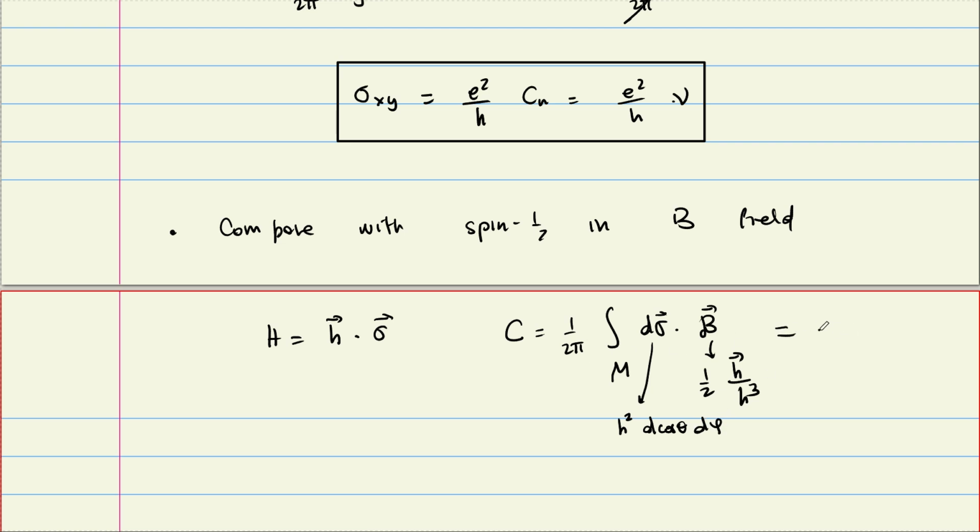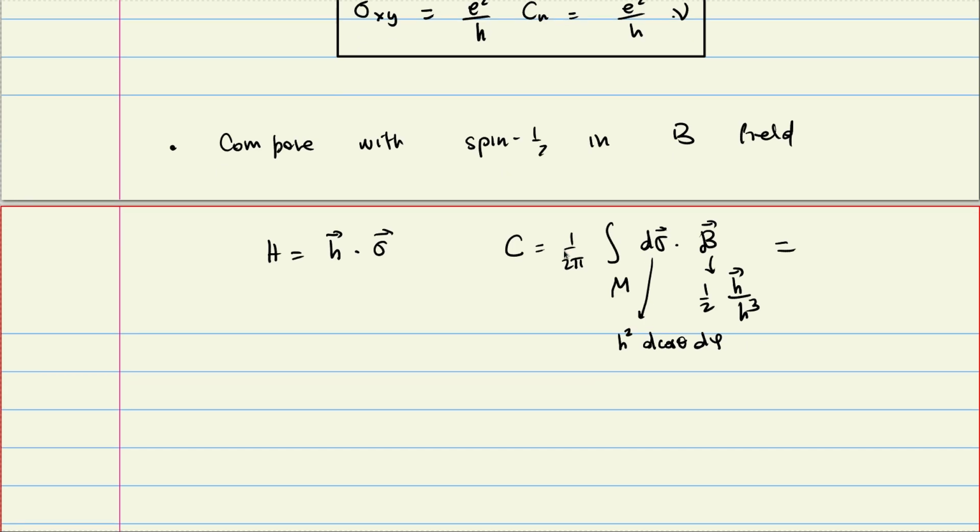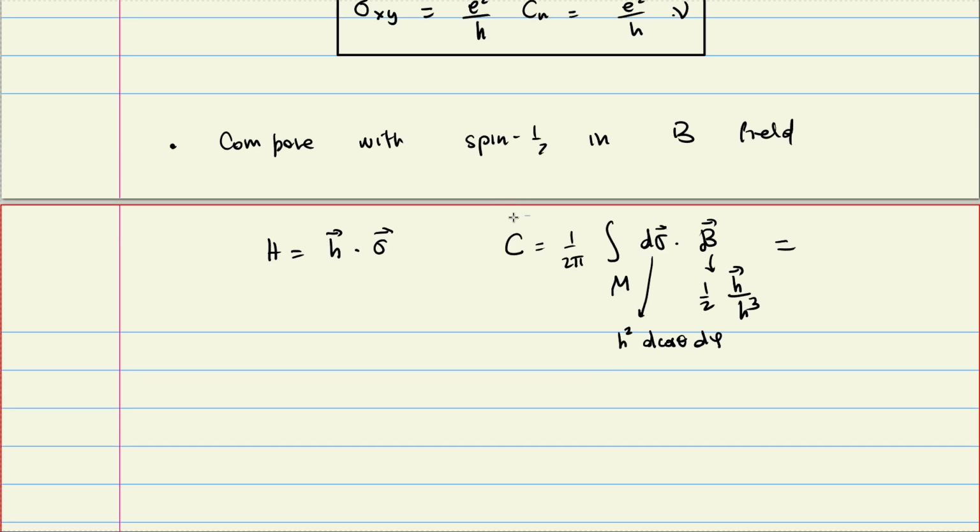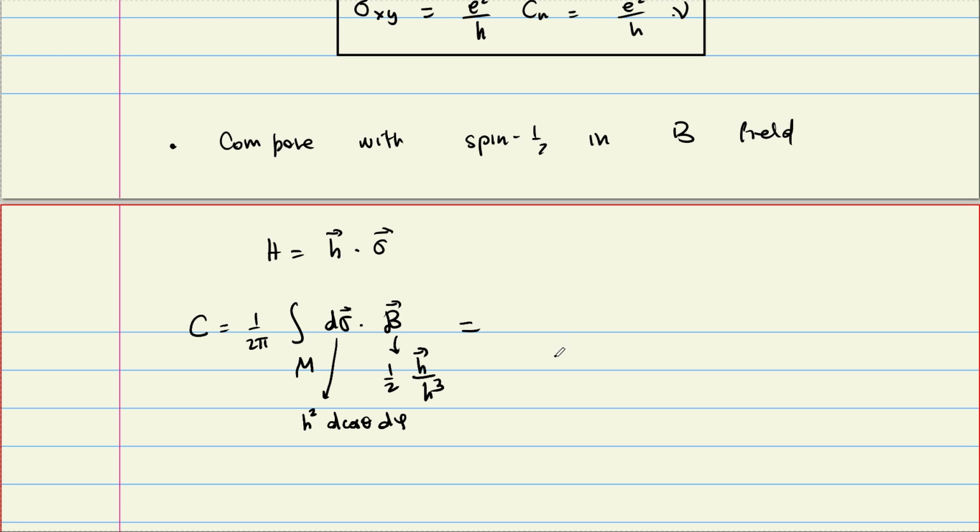If you do everything, this is going to be 1 if H equal to 0 is inside the surface, and if it is outside, it's going to be 0 otherwise.